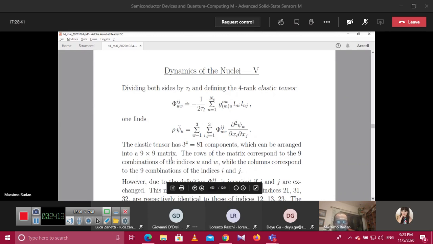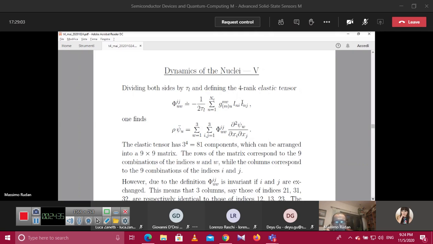Now we can immediately start the simplification of this elastic tensor, and we shall see that the simplification is very strong at the end. Because immediately we observe that if we swap L and I with L and J, nothing changes.